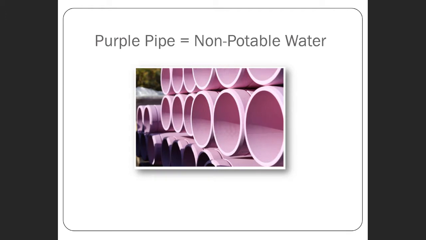At the house in Oak Park, had there not been COVID, we would have seen purple pipes coming out of their gray water system being plumbed back upstairs to flush the toilets. So again, purple pipes, non-potable water.